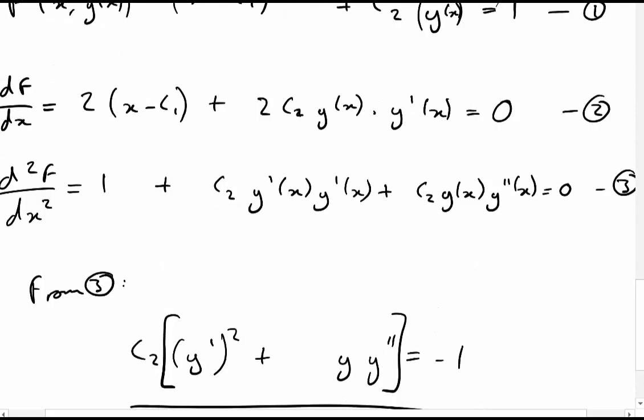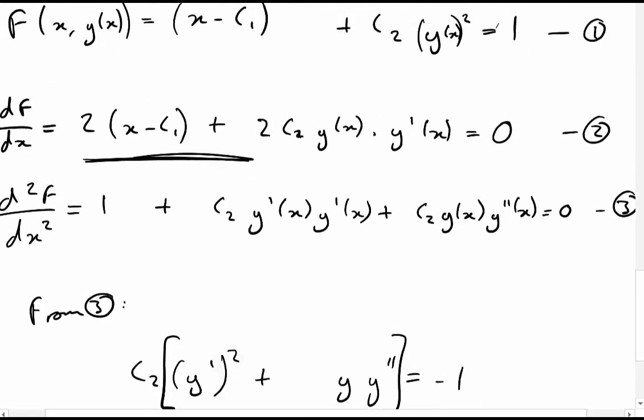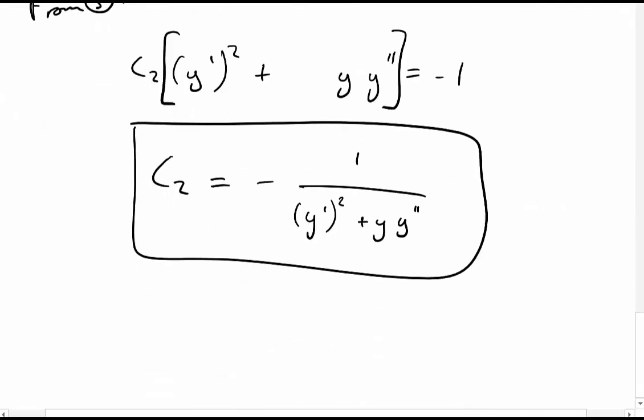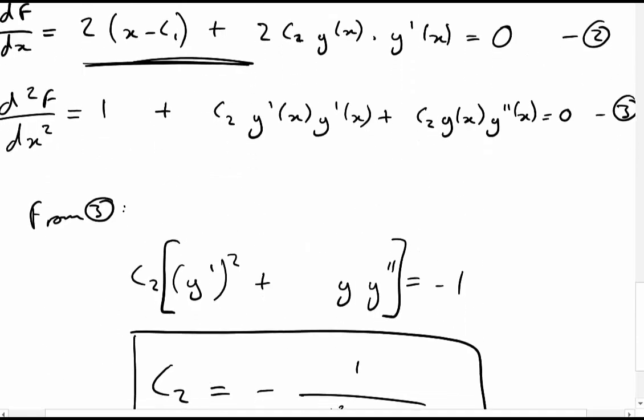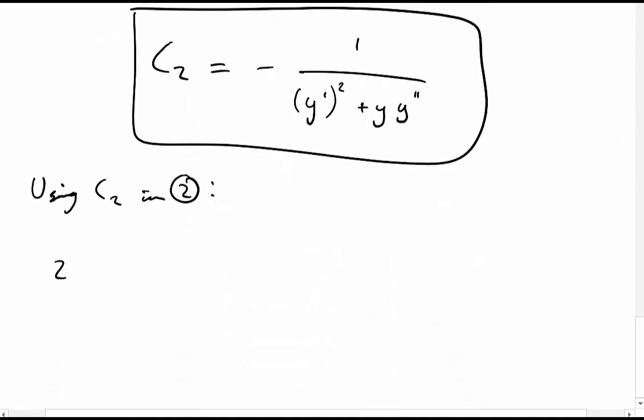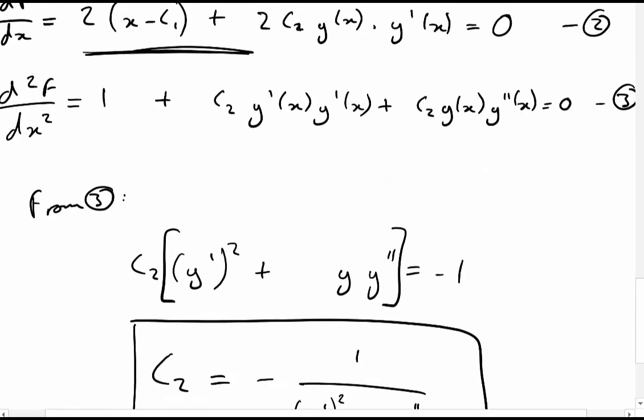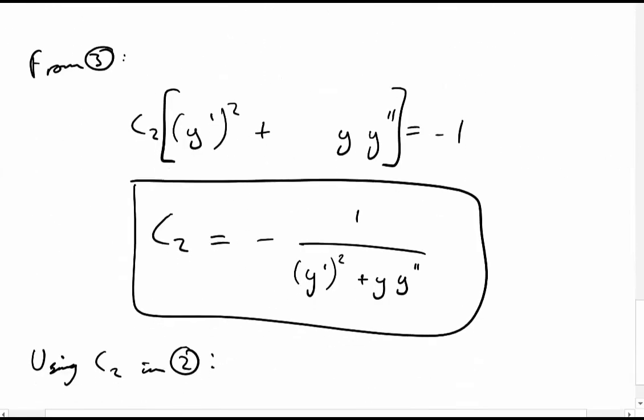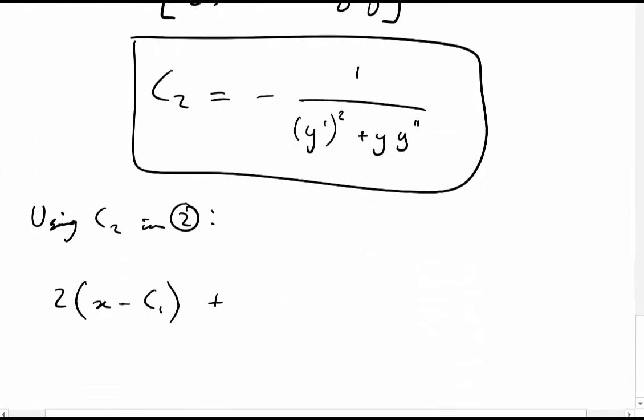Okay, so now I can use C2 to find out what C1 is by putting it back in equation 2. What was 2 again? It was 2 times x minus C1, plus 2 times C2 times y times y dash, equals 0. Well, I know what C2 is.